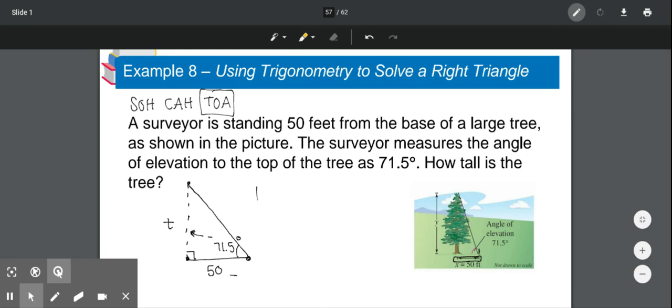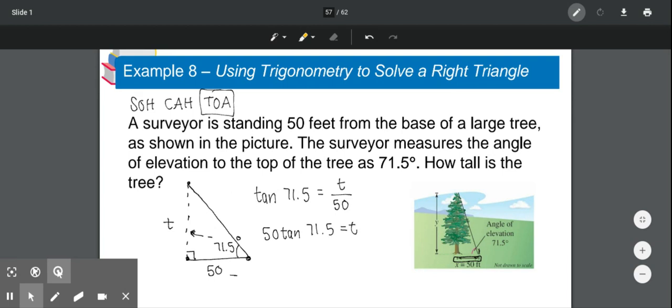So we're going to set up the tangent of the angle measure, so 71.5, equals the opposite side, which is T, over the adjacent side, which is 50. And then we need to solve for T. So if we multiply both sides by 50, we have 50 times the tangent of 71.5 equals T.